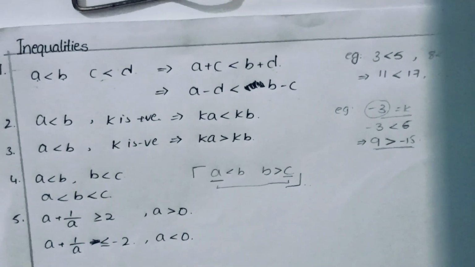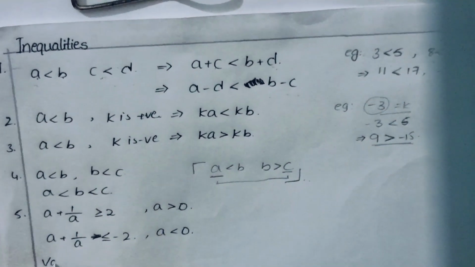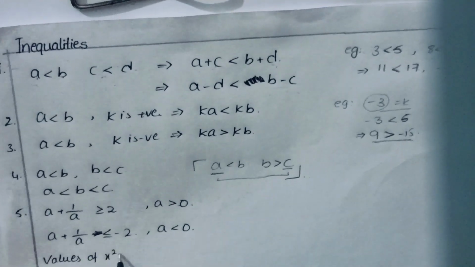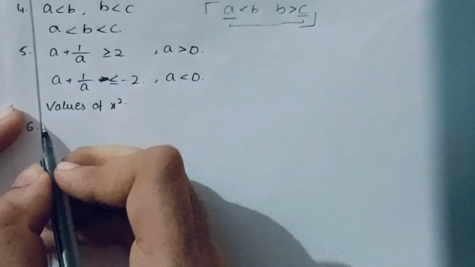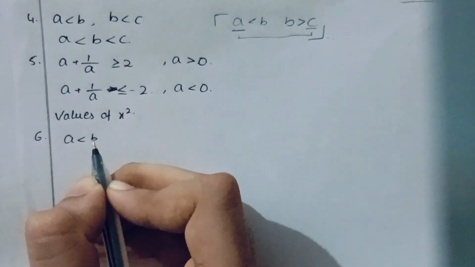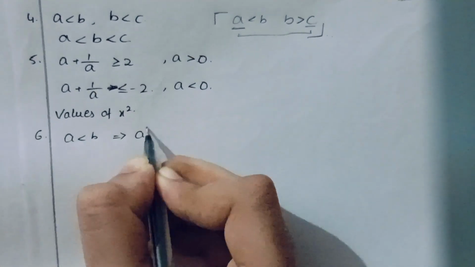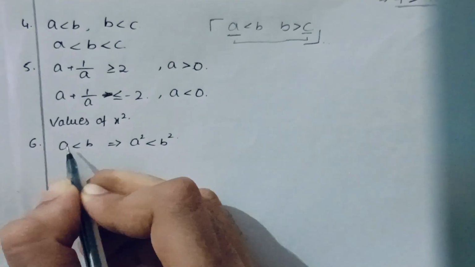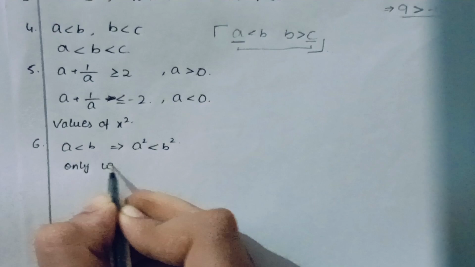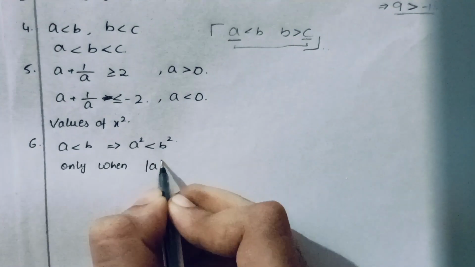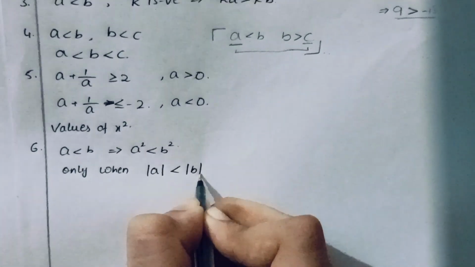Okay. Next, coming to the values of x square in inequalities. Here, the sixth point. If a is less than b, then a square is less than b square only when the magnitude of a is less than the magnitude of b.